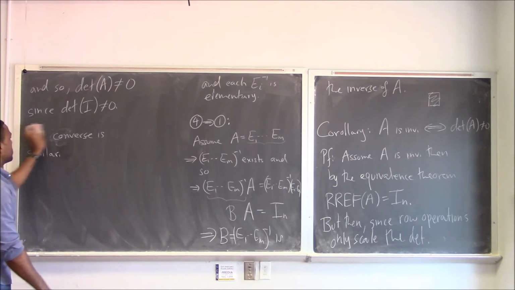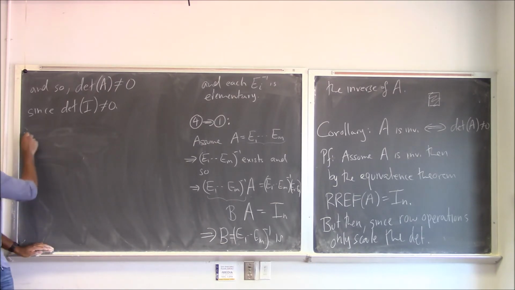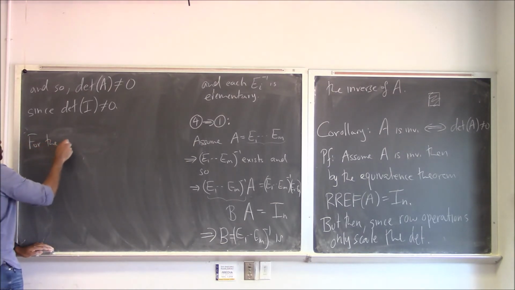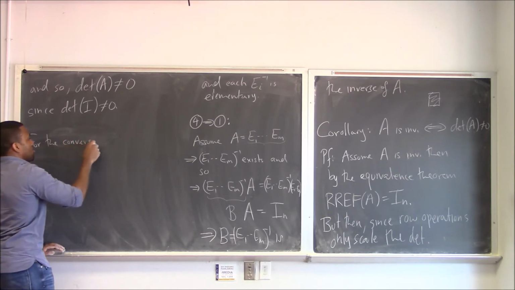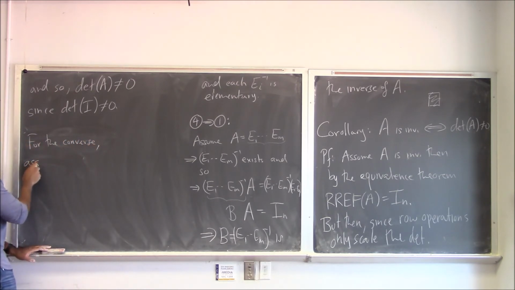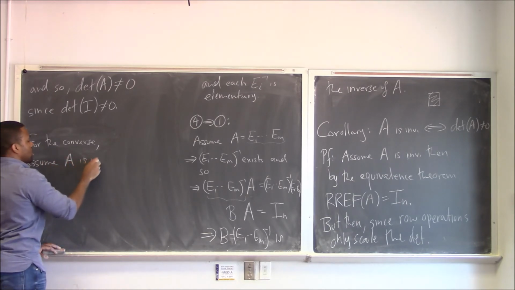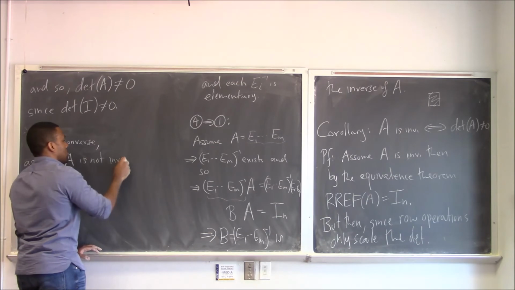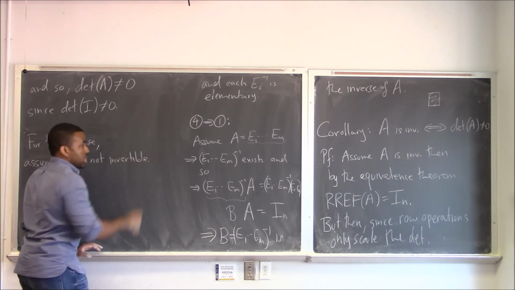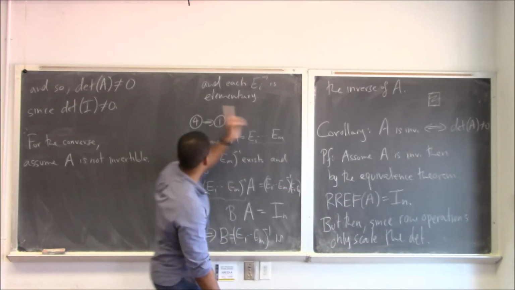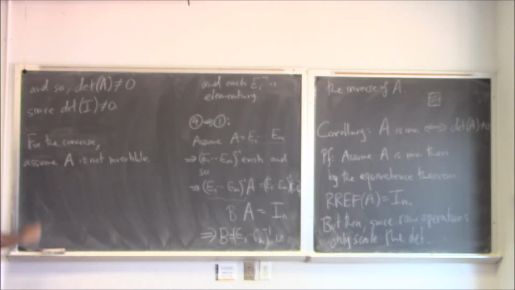Do I want to write it for the converse? Assume A is not invertible. Right? So if I assume it was invertible, the determinant was non-zero. Now let's assume it's not invertible.